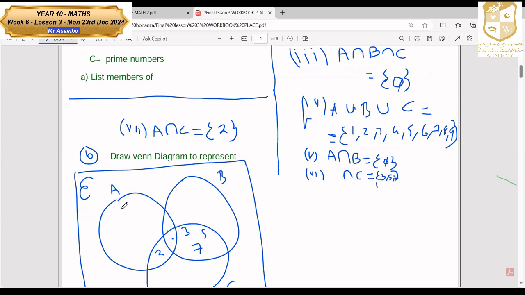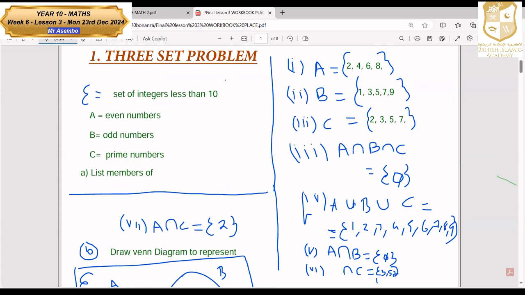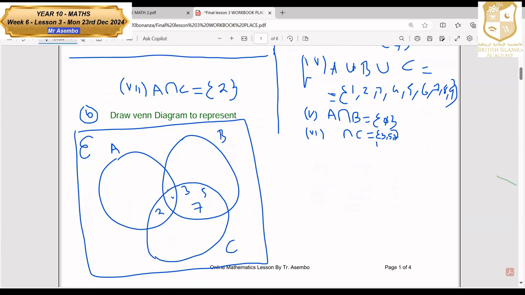We go back to A. Which one is only in A, not appearing in the shared region? Which members have remained, the ones we have not used in A? Look at A. 4, 6, and 8. So the remaining ones, we put them there. So we have 4, 6, and 8.